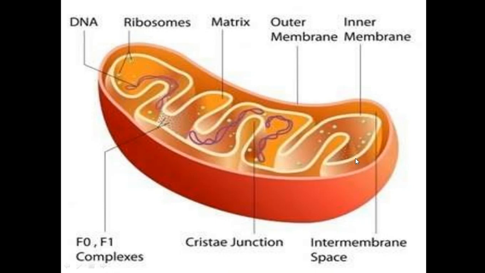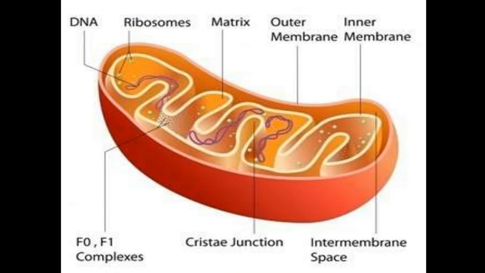And the inner membrane is thrown up into a number of finger-like projections or folds. These folds are known as cristae. And the inner membrane encloses some inside space, and that is known as the mitochondrial matrix. See, this is the matrix. In the matrix, you can see circular DNA, even ribosomes.